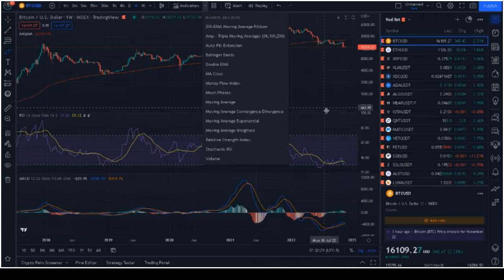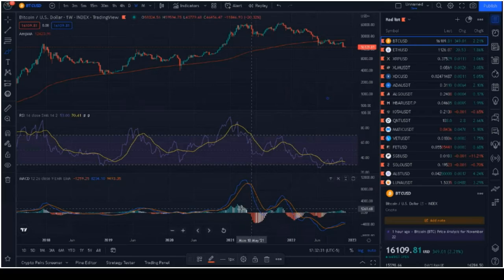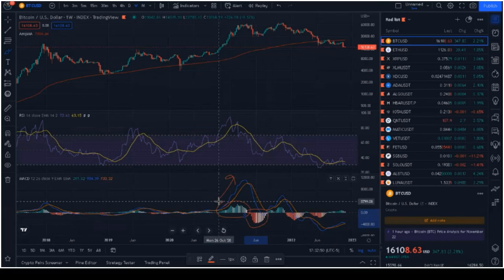There's a lot of words, but basically, when you get this blue line on top of this orange line, the market rips. You can see it every time. And when we get these green bars, we are bullish. When we get the red, we are bearish. This is a very simple indicator just to see where you're sitting.